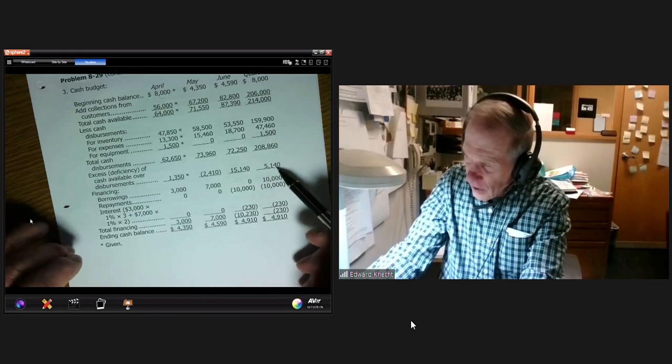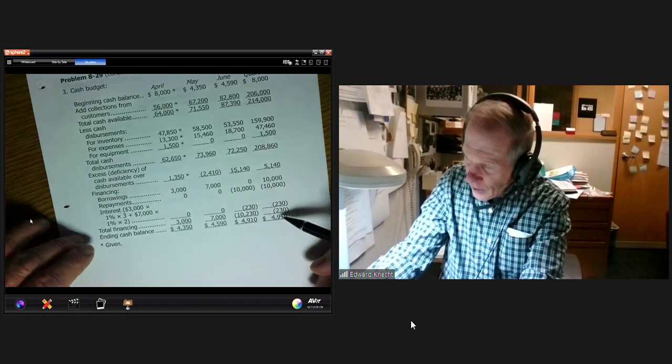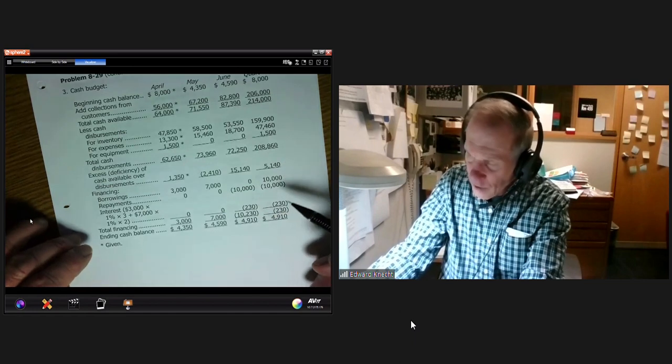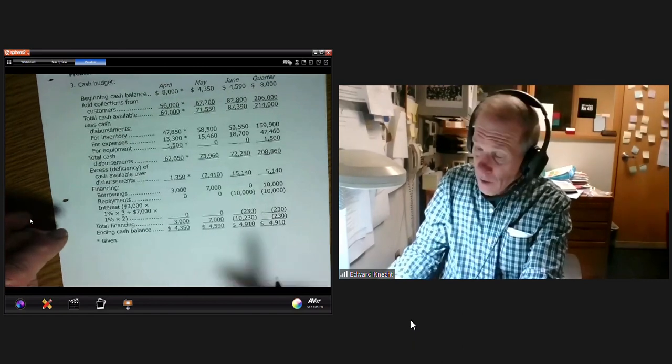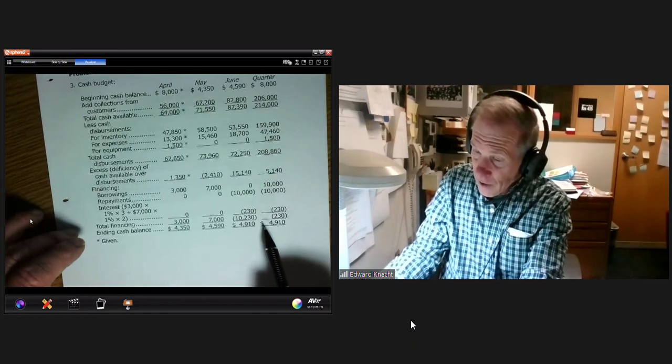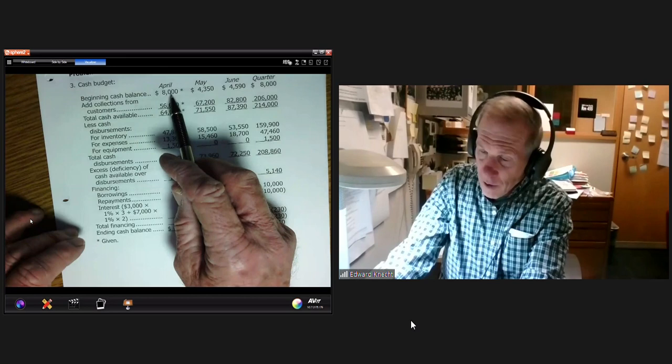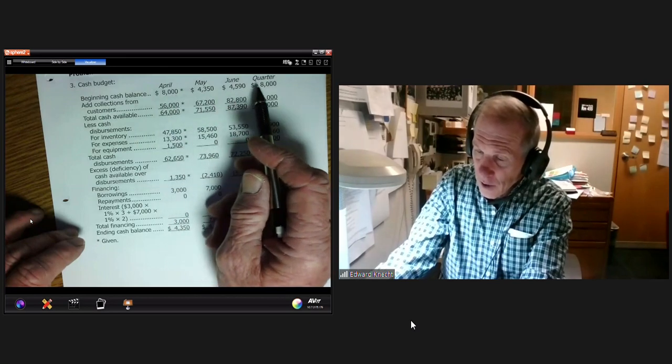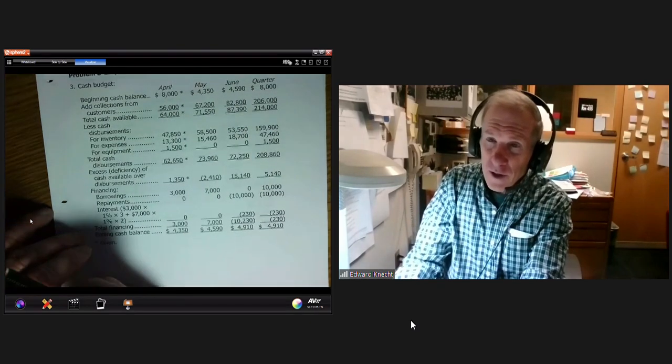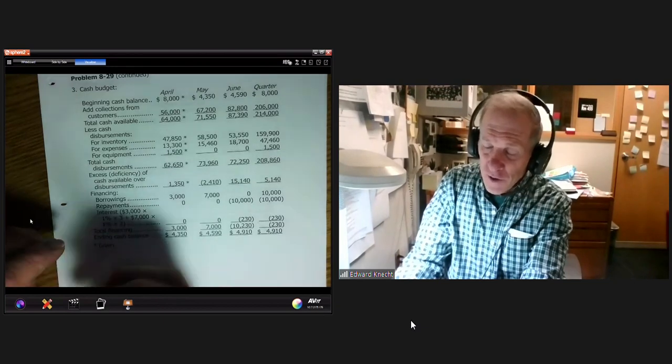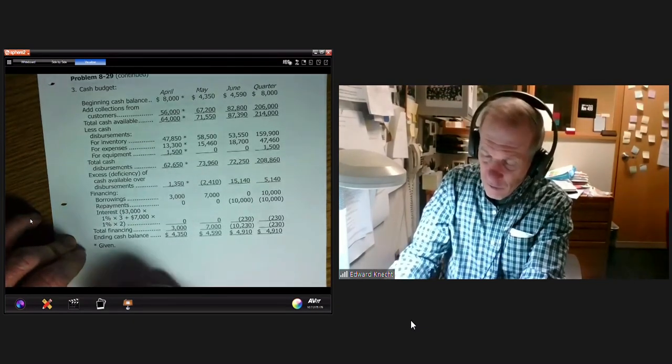Subtract it from the cash available, the excess, and you better get the same number or there's a mistake. So there's your check figure right there. And remember, I always put the beginning balance, which would be the first day of the first month of the quarter.